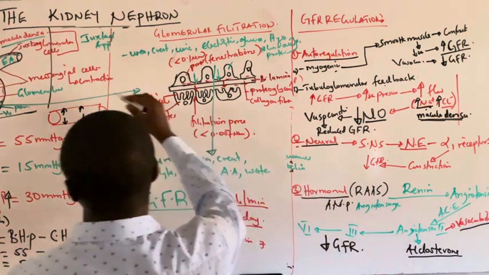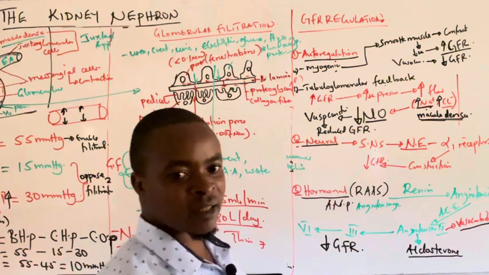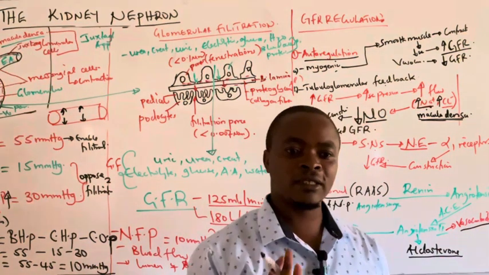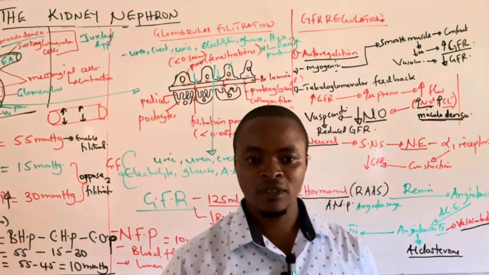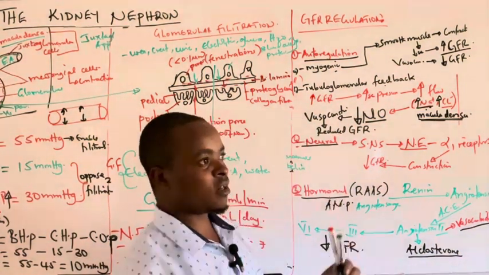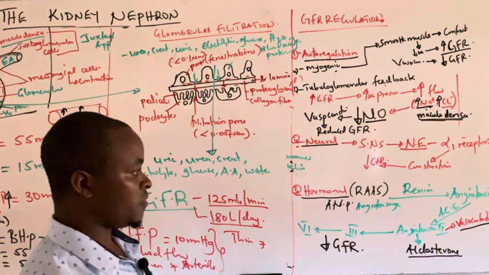What triggers the macula densa or the juxtaglomerular apparatus to release renin is increased levels of GFR. When GFR is high, it triggers production of renin.